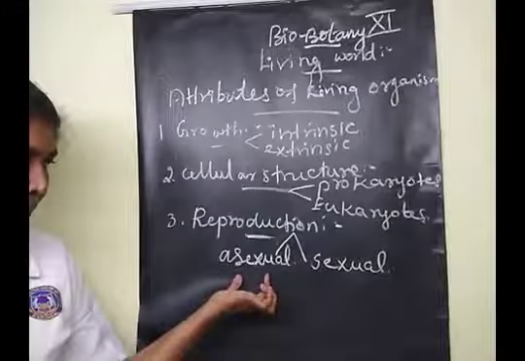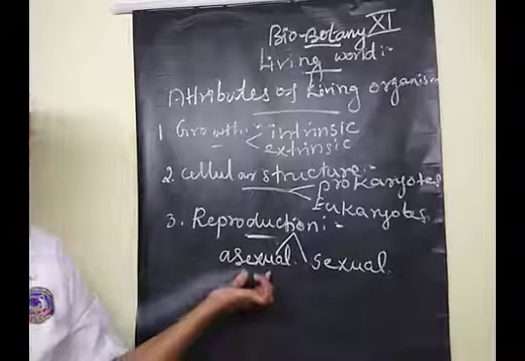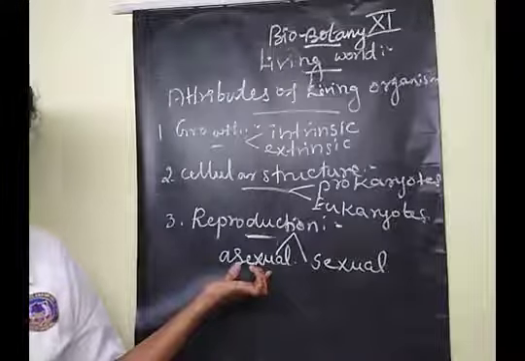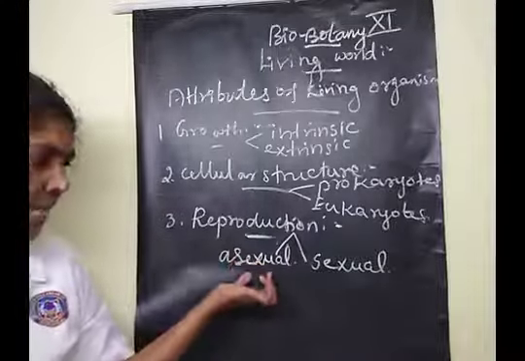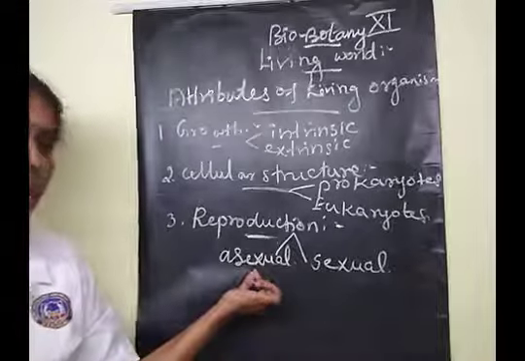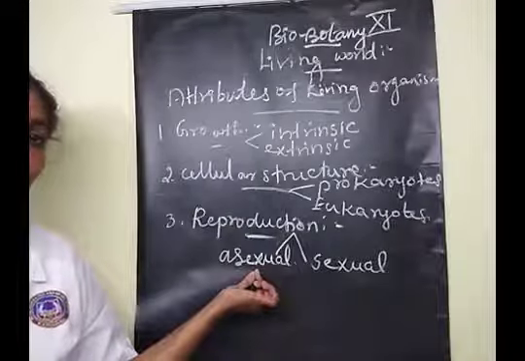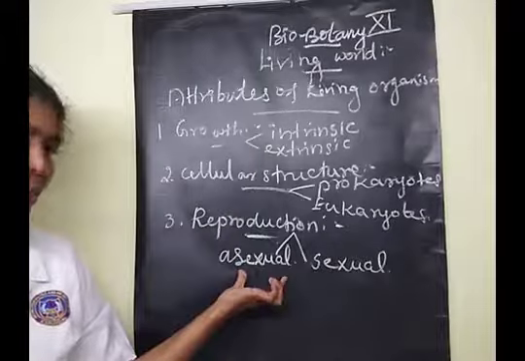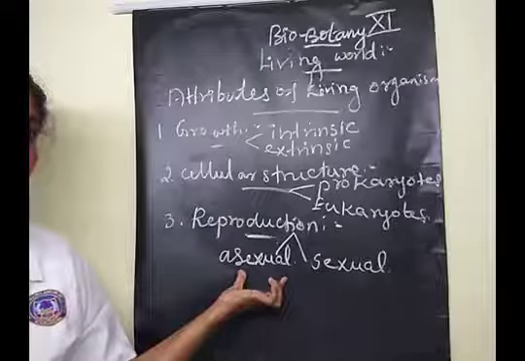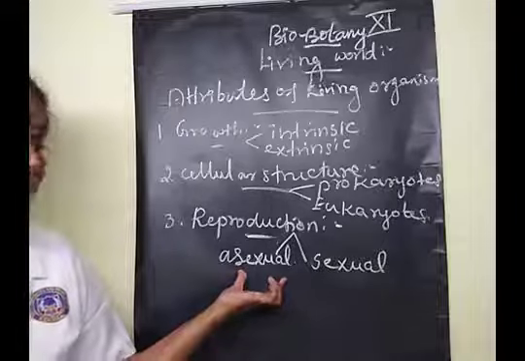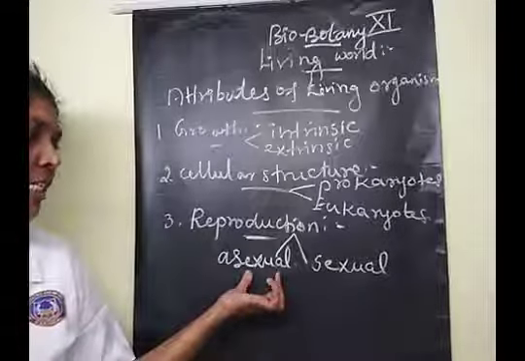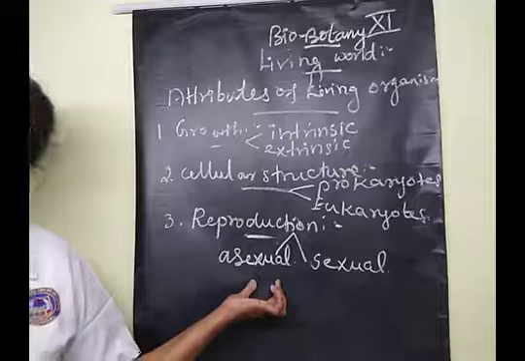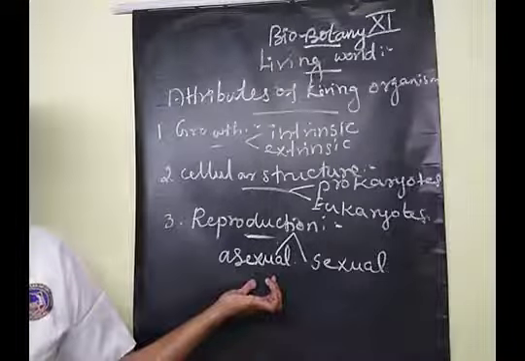Here, in the production of offspring, the same parental character is expressed in the young ones. By asexual we mean more or less the same parental character is expressed in this type of reproduction. That's asexual reproduction. Clear, children?